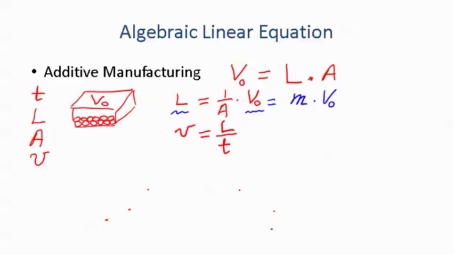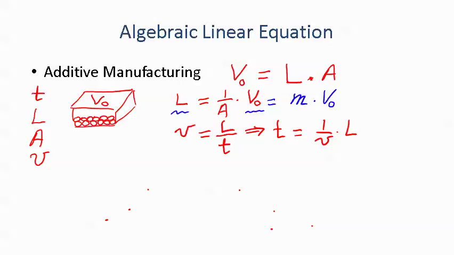And we can further manipulate this equation and say that the time is equal to 1 over speed times the length. Again, this is in the form of a linear equation with 1 over the velocity being the slope of our line, if L is the independent variable.